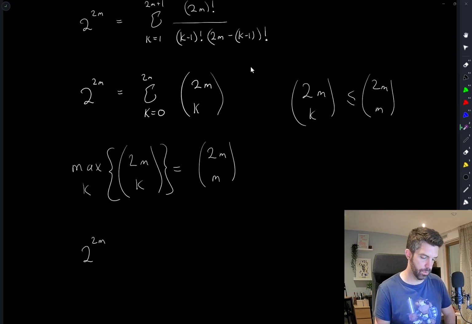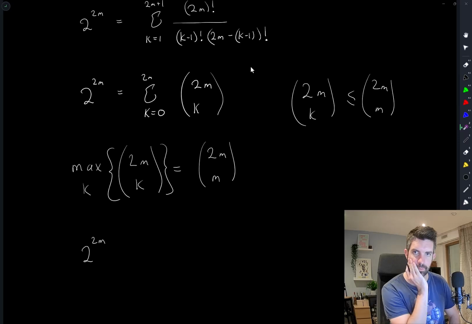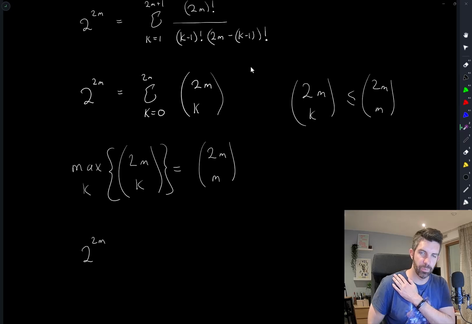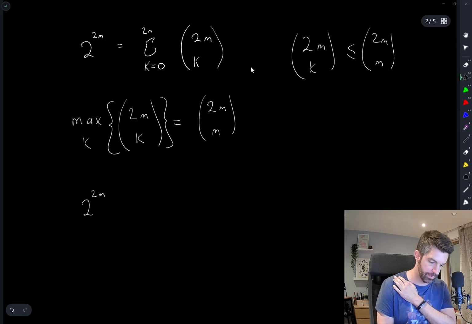Oh, no. Hold on a second. I wonder if I'm doing things kind of backwards. If I continue with my logic here, I'm going to get an inequality that I don't want.